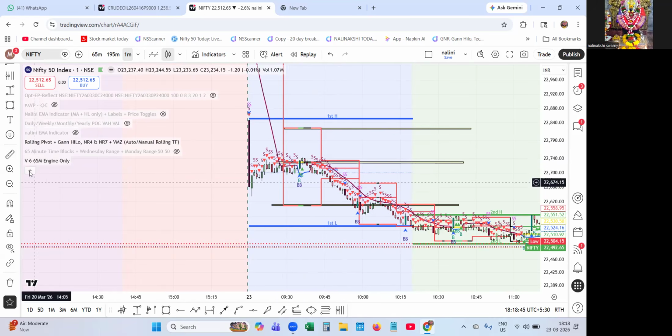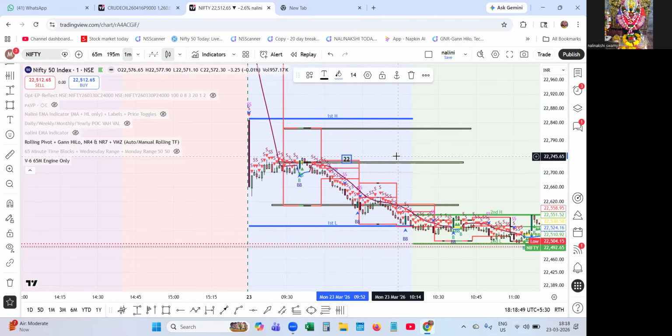22,737 is the pivot and the price is trading below it, and the R1 is 22,890.